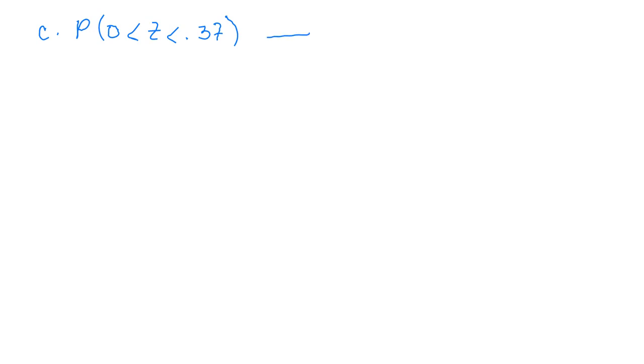When you press second vars on your calculator, you just replace your lower limit, instead of negative 999 or negative 1 E raised to the fifth or seventh power, with 0, and the upper limit with 0.37.